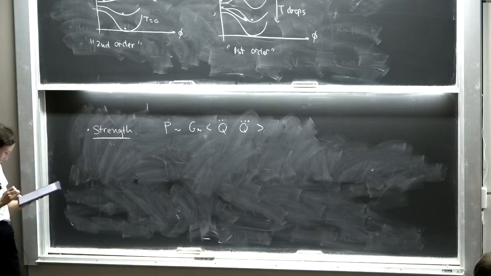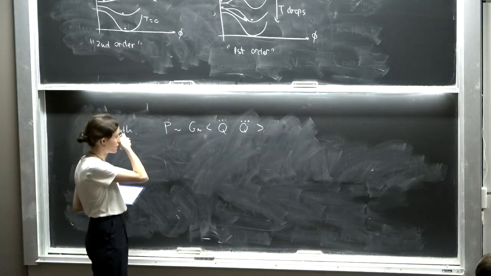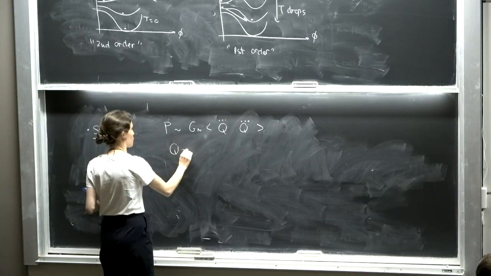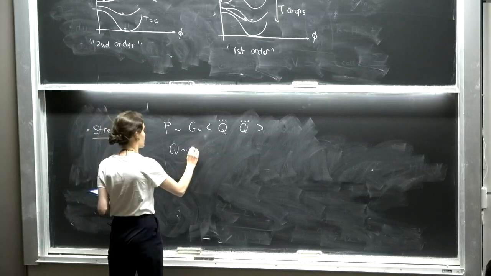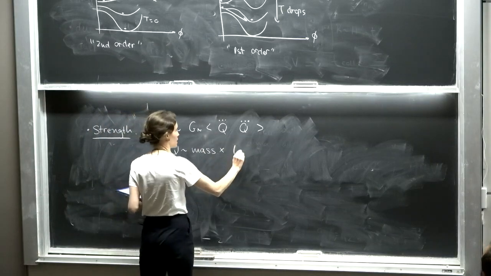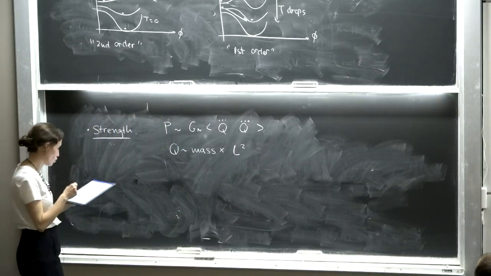Maybe. Yeah, so quadrupole moment is just the second moment in the energy density. So very roughly, for any system, this is basically just mass of the system times the typical size of the system, okay? Very roughly.